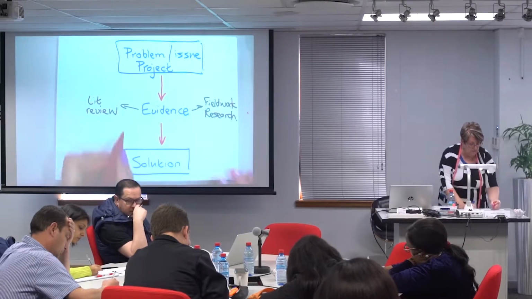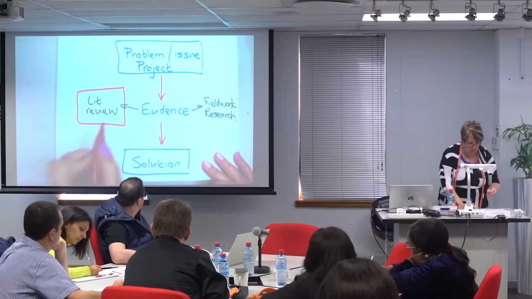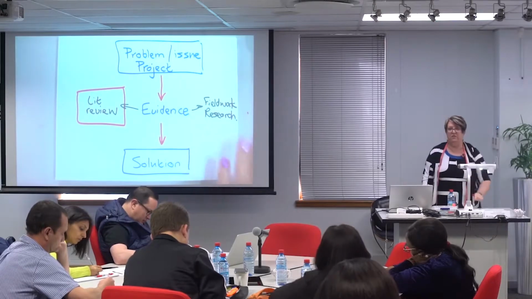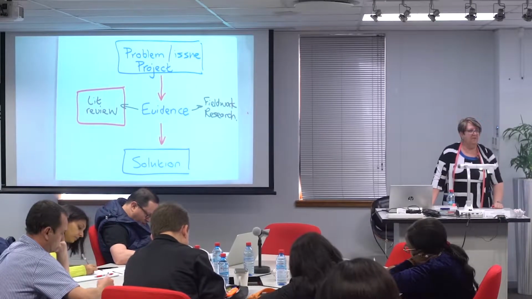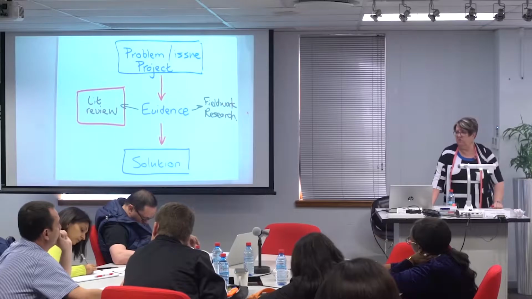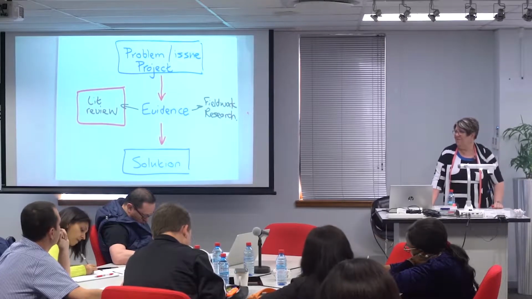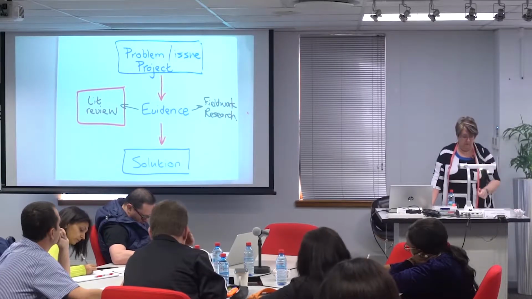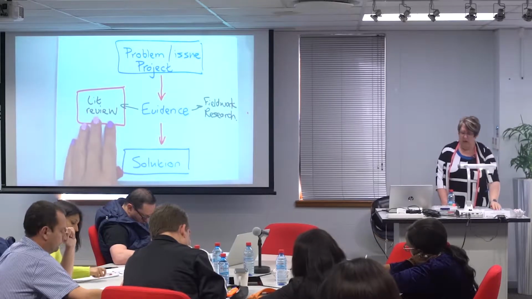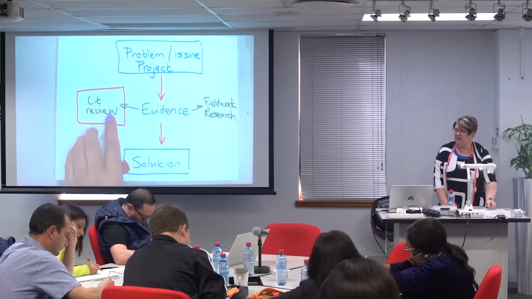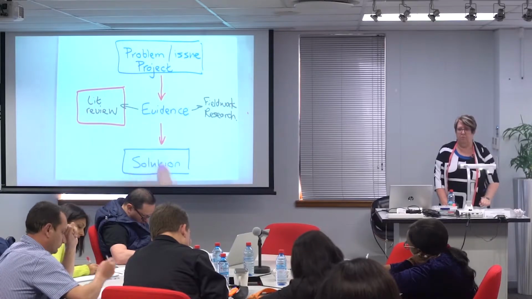And this is where the literature review fits in. So we're not going to talk about field work and research today. That will be dealt with in the research methodology side of the research process. But literature review is a way of finding evidence to solve a problem.